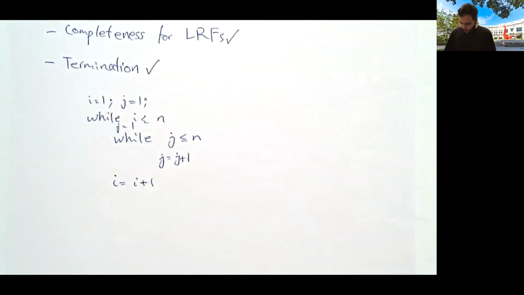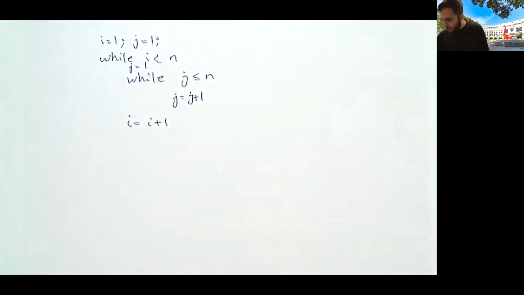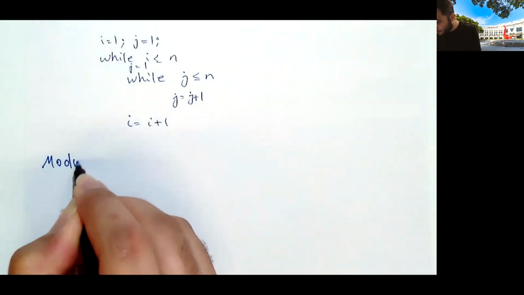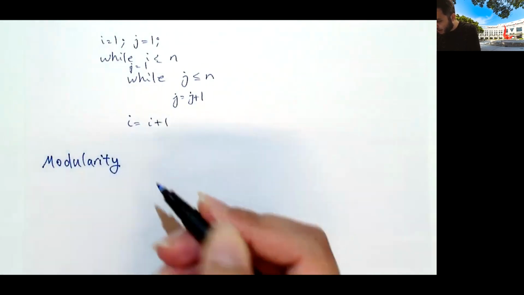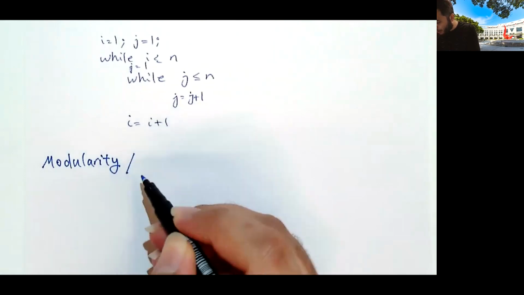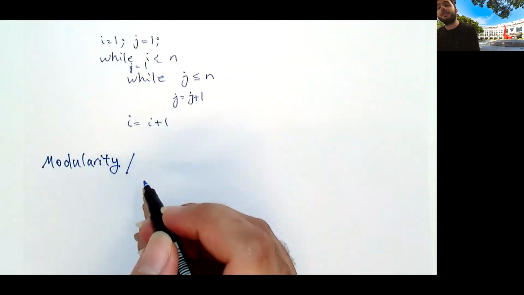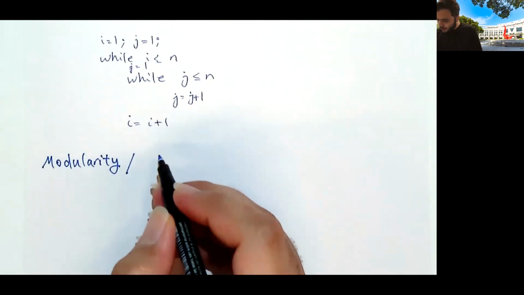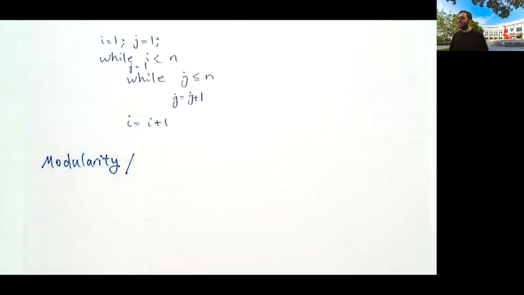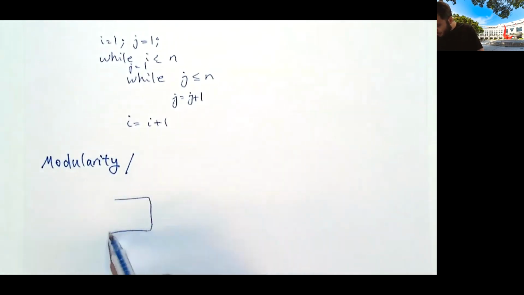Now, the idea that is often used for these kinds of problems is what we call modularity. Or sometimes it's also called, let's see, I forgot the other name. Okay, so the idea that is often used here is called modularity, and it's very simple. So let's say that you have a block of code.